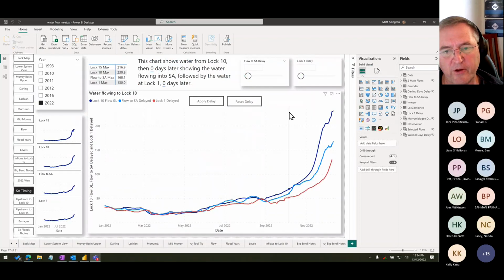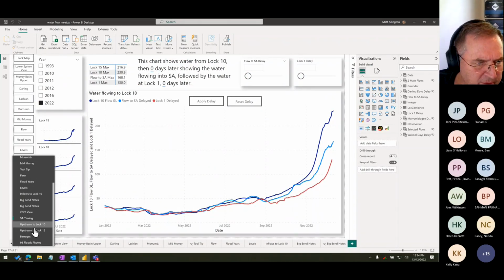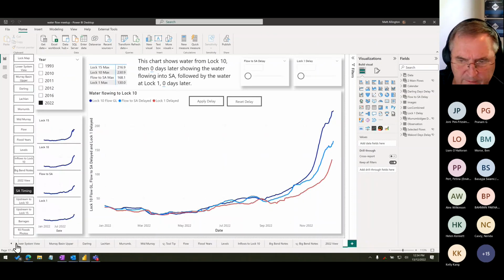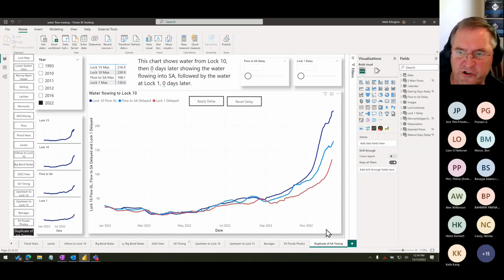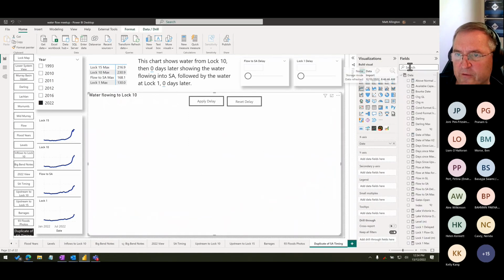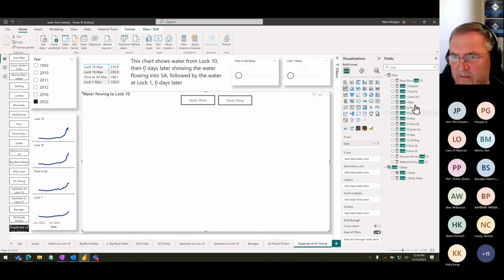It's a good example. I'm just going to duplicate this page if I can find it, and I'll take you through the journey that I went on. First of all, I've got measures for each of these things that I'm trying to measure. I've got one for lock 10, and you can see a lot of measures here.